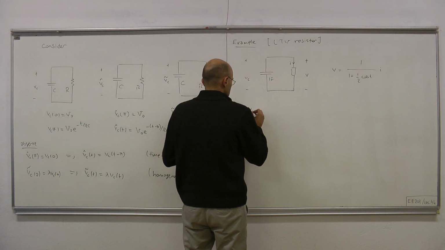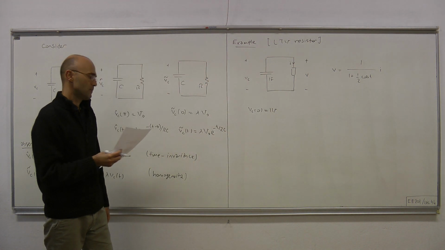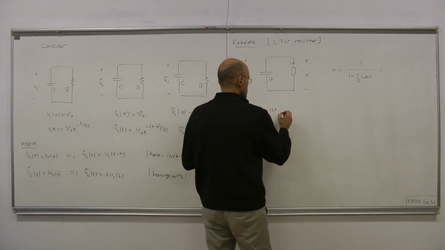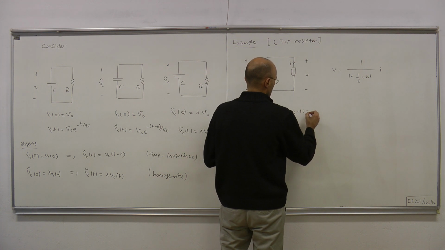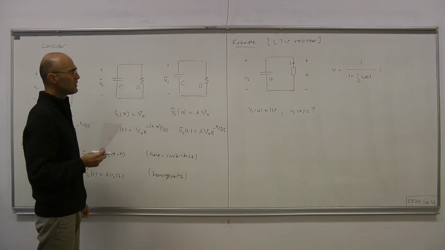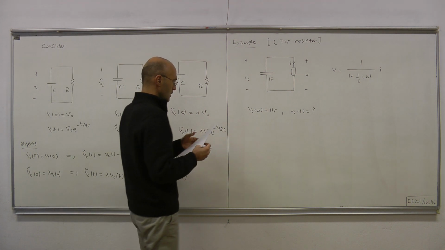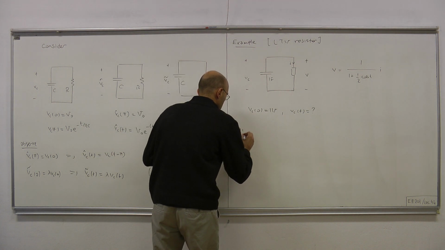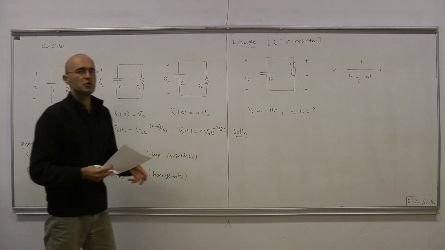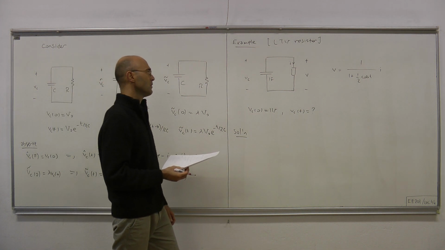Now, the initial condition, suppose, is 1 volt. The question is, what is VC of t? So let's first solve this LTV circuit. What we do to obtain solutions is obtain the differential equation and hope that we can solve it in general.